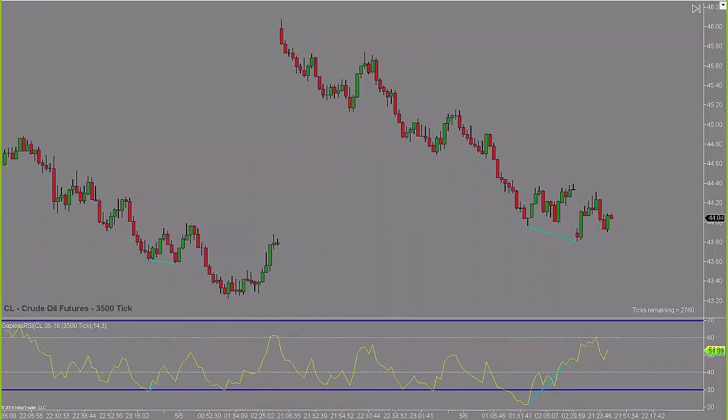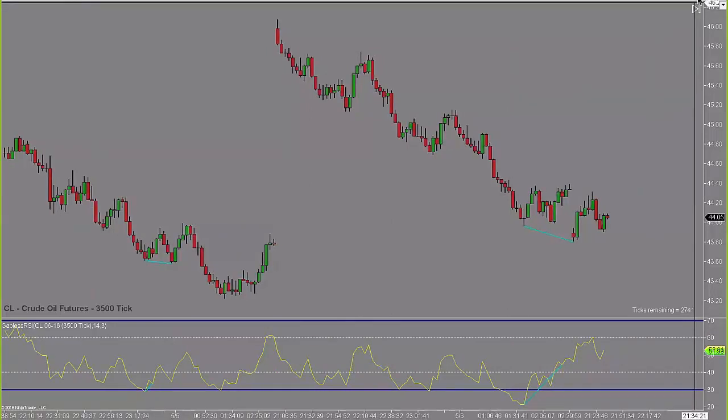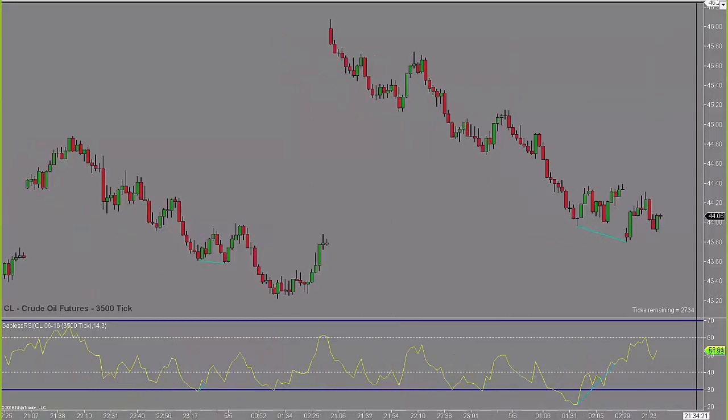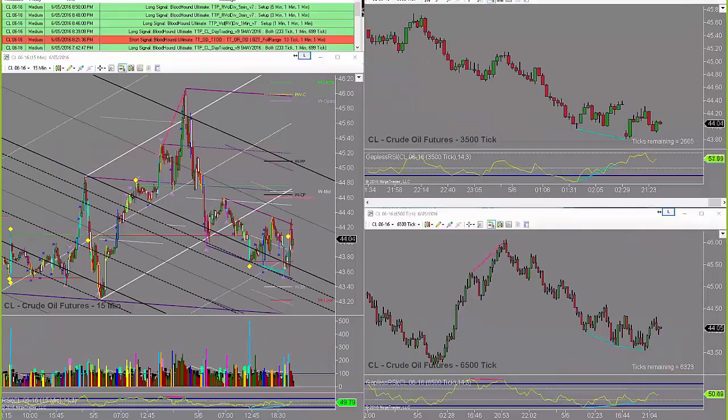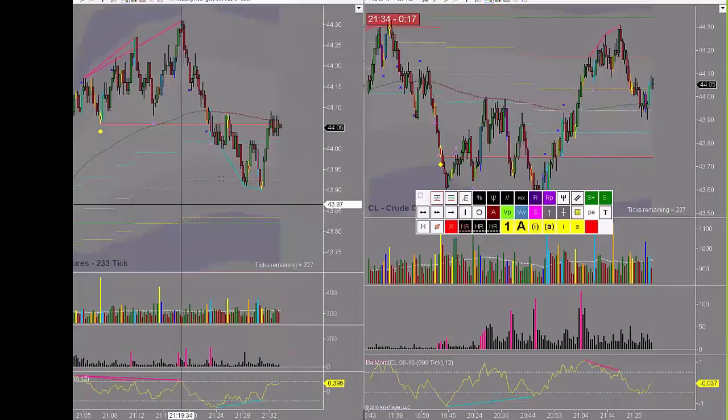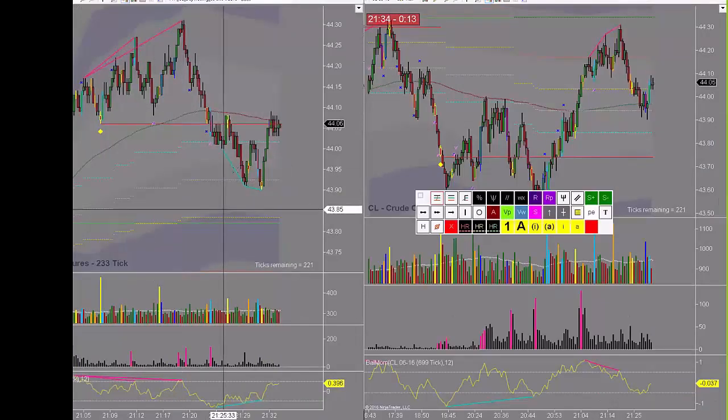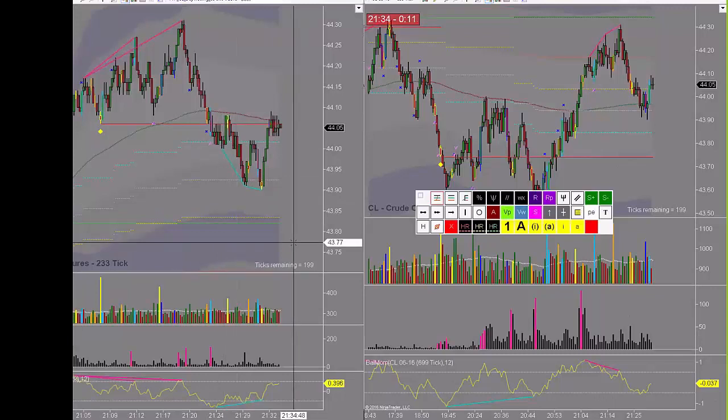Actually, let's go back to something that's got a bit more movement on it, the 699, which is, let me find it. Okay, so you guys can now see my 233 and the 699 tick.